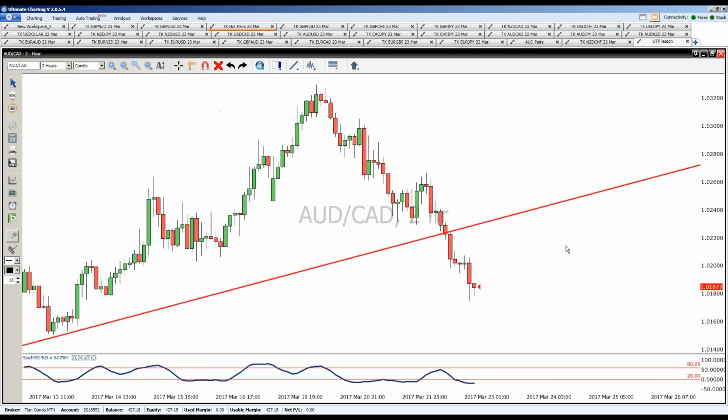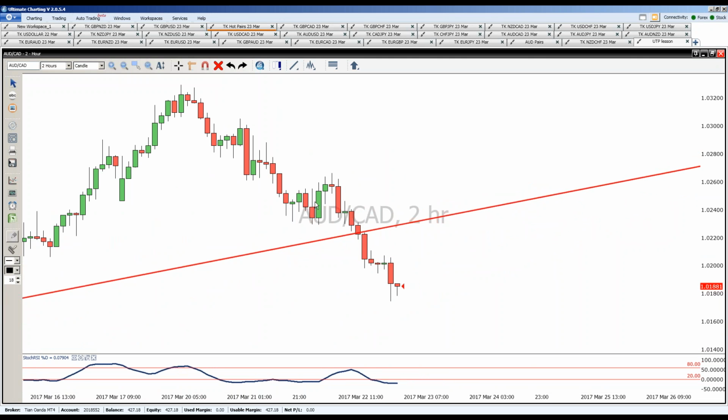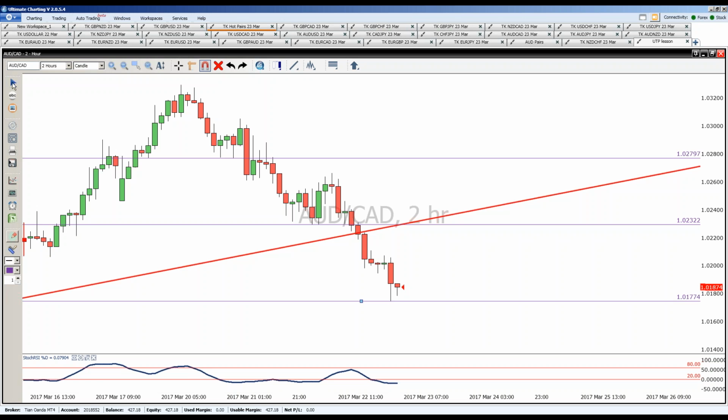Now the market first of all has been making lower highs and lower lows. So I might as well mark these lows of support that will become future resistance. There's another low of support.